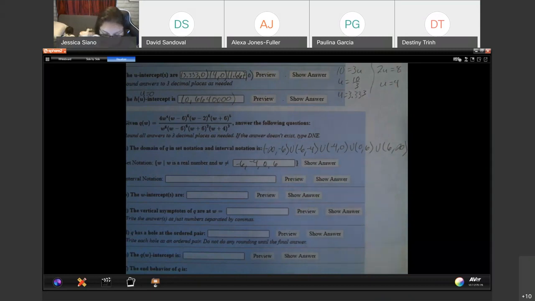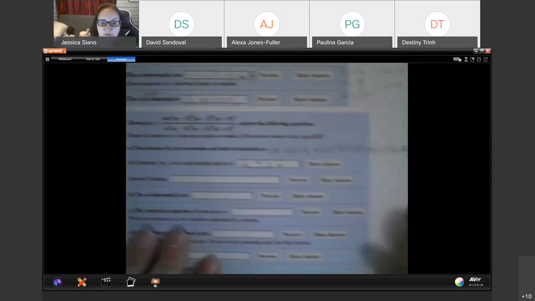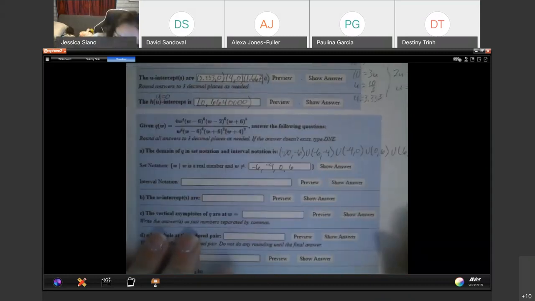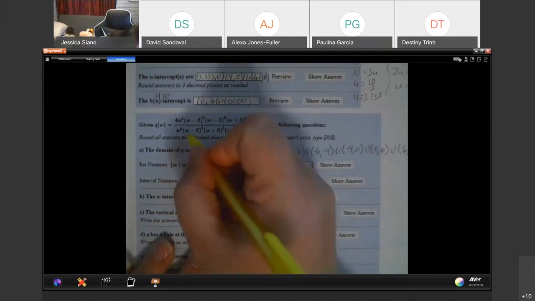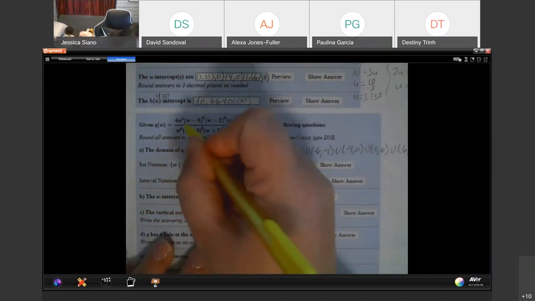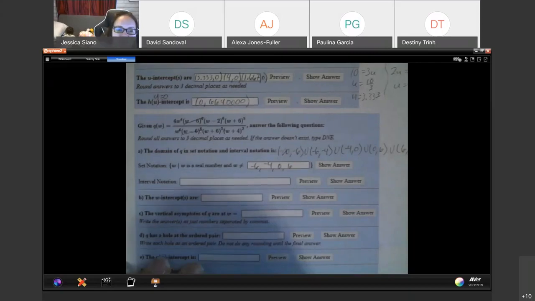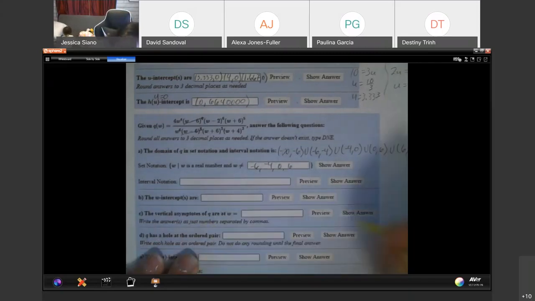Let's reduce. You should always reduce first. So here, my w minus 6's will cancel. That means that I have a hole at w equals 6. So I'm going to make a note down here.